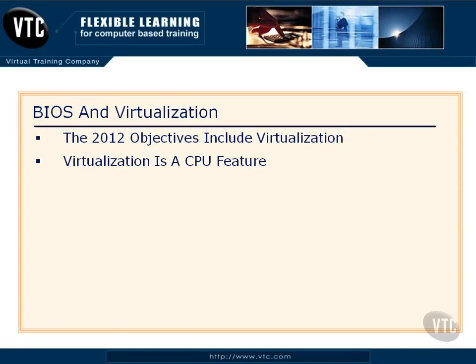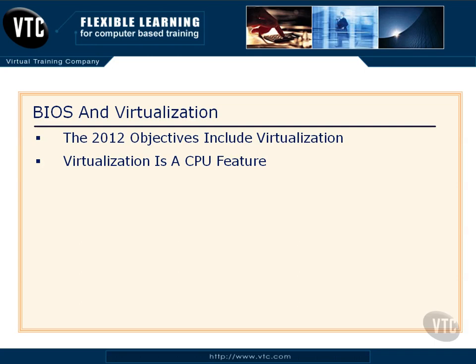Now, virtualization, you need to understand, is a CPU feature. This is a trick of the processor. What's happening with virtualization is we're going to open a window and run a different operating system within that window than what we're actually running that's causing the PC to function. This means that I can run Windows 7 on my PC, but I can have Windows XP open up in a window and run just like it's a separate machine.